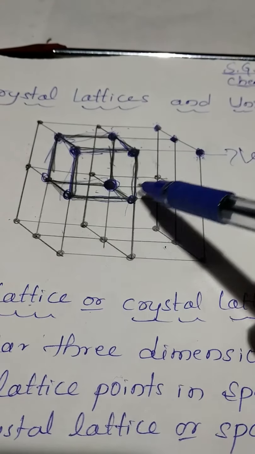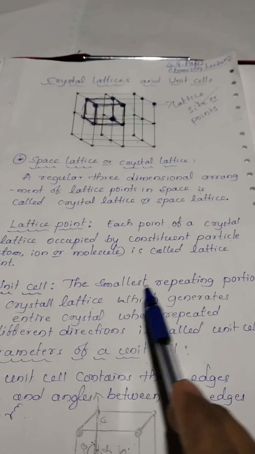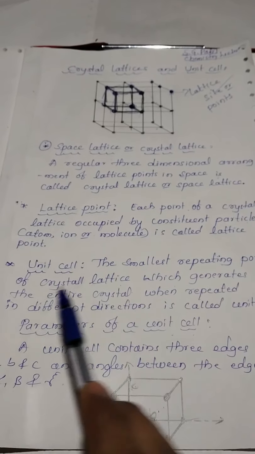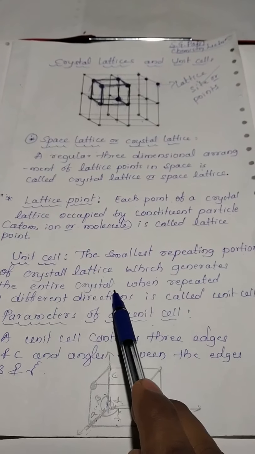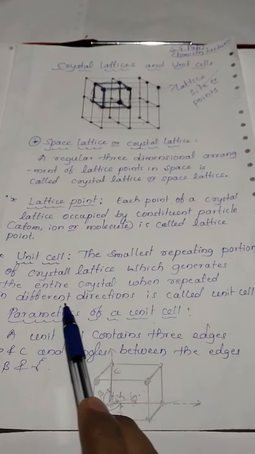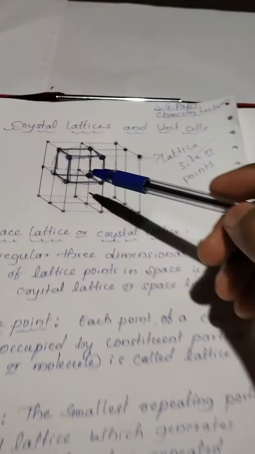This shaded portion is called a unit cell. Once again I'll repeat: the smallest repeating portion of a crystal lattice which generates the entire crystal when repeated in different directions is called a unit cell.